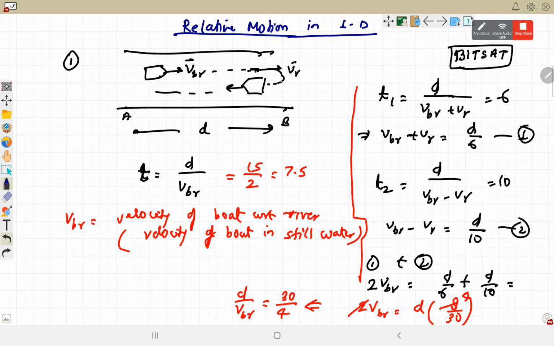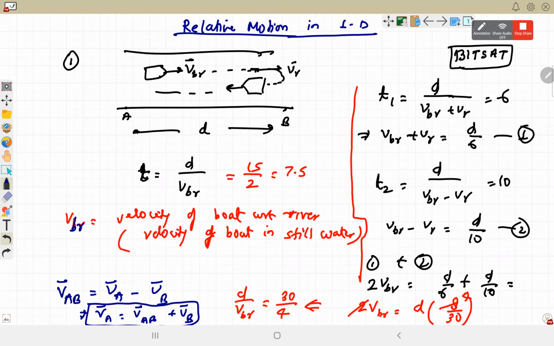Similarly, vbr is the velocity of the boat if the river is assumed to be still, that means we are in the frame of the river. The relative velocity formula is: velocity of A with respect to B is velocity of A minus velocity of B. So if we have to find the velocity of A, it will be velocity of A with respect to B plus velocity of B. Here that B is the river.